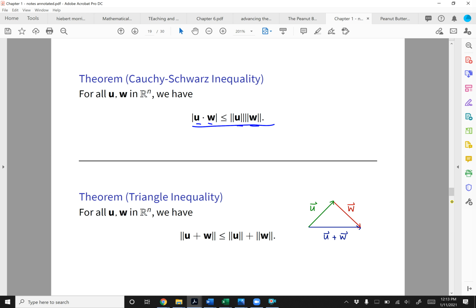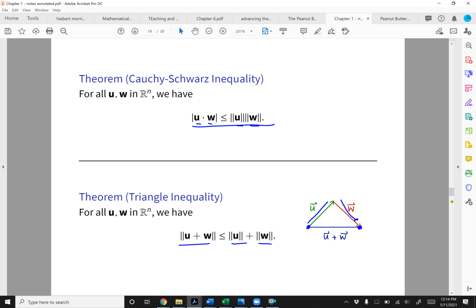The triangle inequality, you can easily see here, u plus w. So here I have u, here I have w. So u up, w down. u plus w is the vector that goes from here to here. And the length of u plus w is always less than or equal to the length of u plus the length of w.